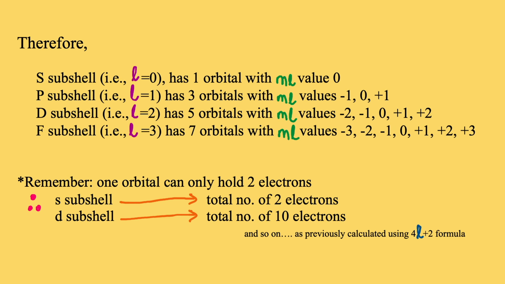D subshell has 5 orbitals with the ML values negative 2, negative 1, 0, plus 1, plus 2, and so on. Remember, one orbital can hold only 2 electrons. Therefore, the S subshell with one orbital will have a total of 2 electrons. D subshell with 5 orbitals will have a total of 10 electrons.